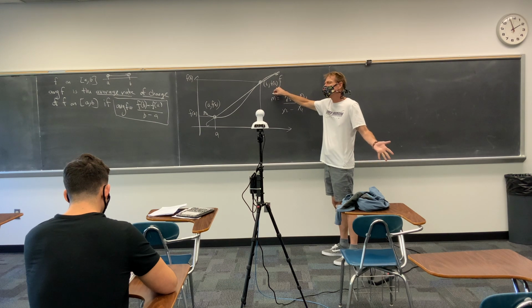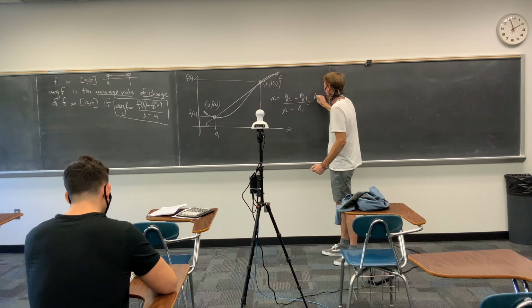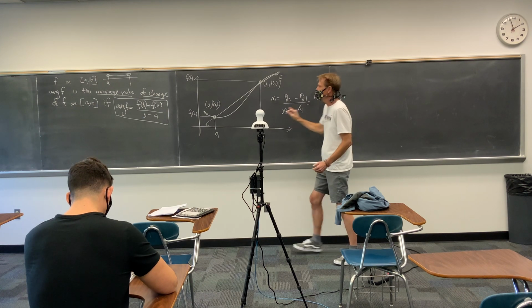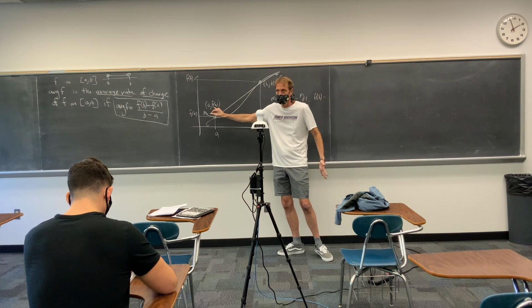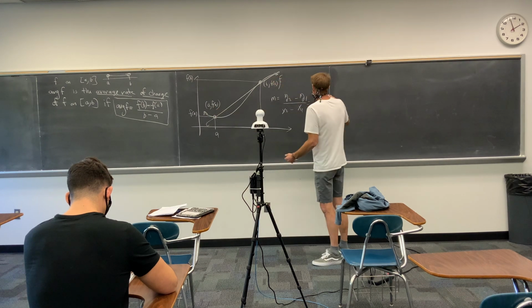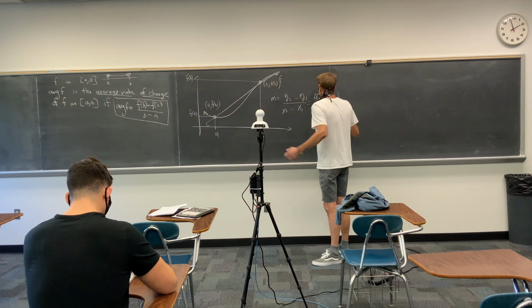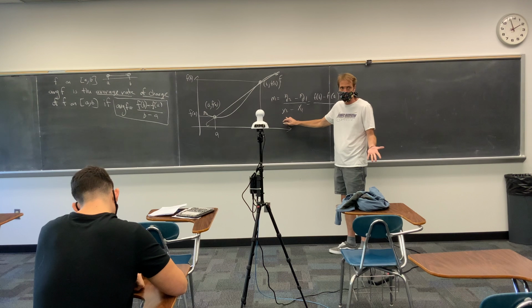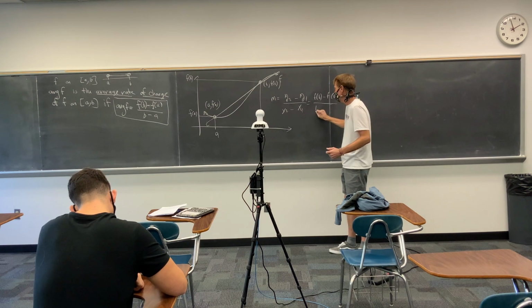Well, we'll just keep it consistent. It'd be f of b minus the y coordinate of the second point, which is f of a, divided by x2, which would be b, minus a.